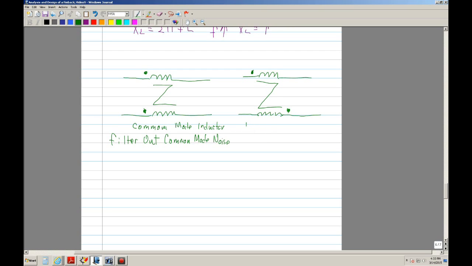And this is a diff mode inductor. Its purpose, as you may guess, is to filter out diff mode.